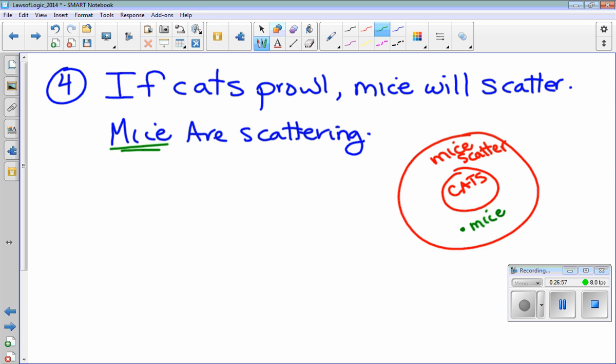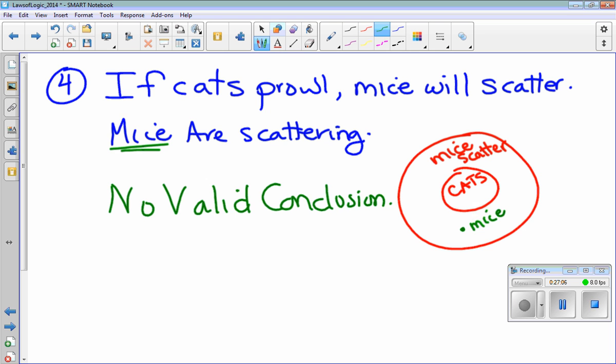There's no valid conclusion here. So if you would write that for me, please. No valid conclusion. It's important to know what that's going to look like. That happens sometimes. Sometimes you just can't draw a conclusion. I think the Venn diagram is the easiest way to see that. For the law of detachment, the dot has to go on the inside of the cats. That's where you have to be.